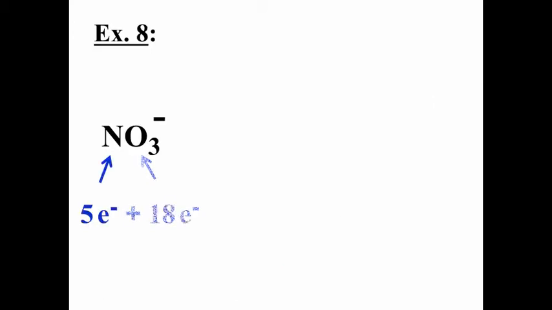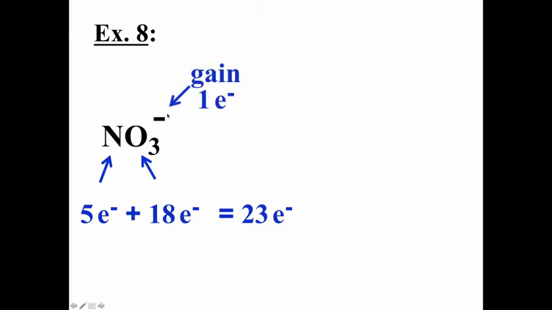For a nitrogen, 5 electrons, and 6 electrons for each oxygen times 3 is 18 electrons, which gives us a total of 23 valence electrons for the NO3 part. And then the negative sign means there's 1 more electron for a total of 24.